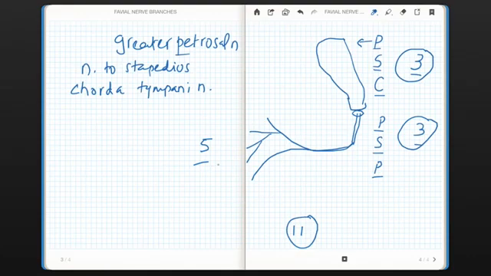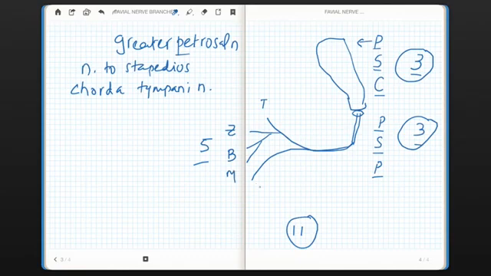Now there are 5 terminal branches, and for that again you need to remember another mnemonic, and that is TZBMC. Okay, so T stands for temporal, Z stands for zygomatic branch, B stands for buccal.